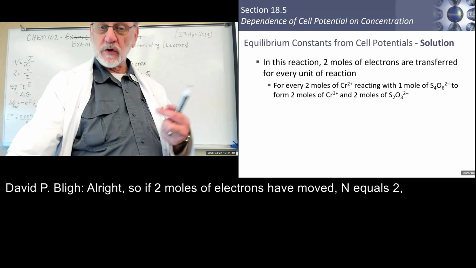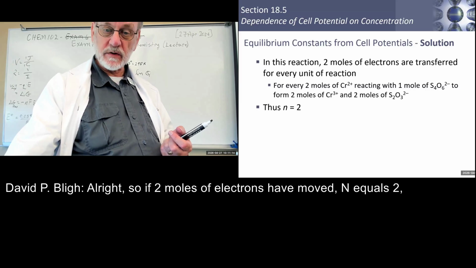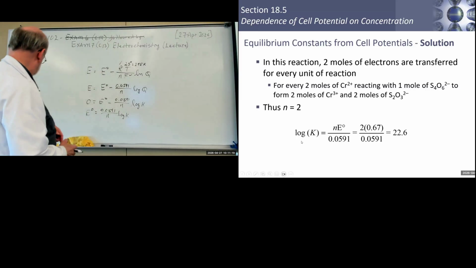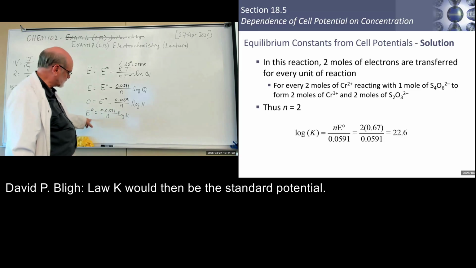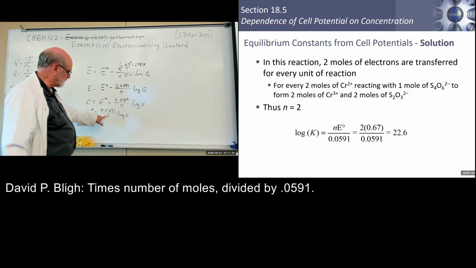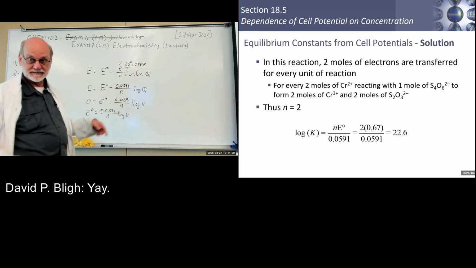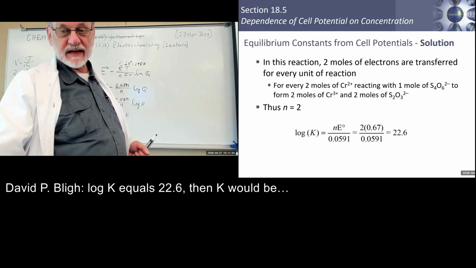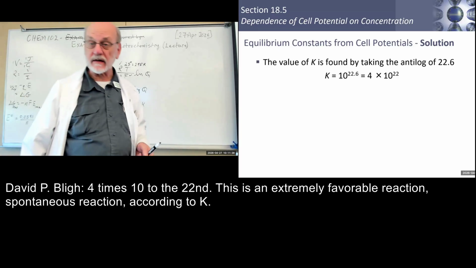All right, so if 2 moles of electrons have moved, N equals 2, then, and we know that log K would then be standard potential times number of moles divided by 0.0591. Okay. Log K equals 22.6, then K would be 4 times 10 to the 22nd.